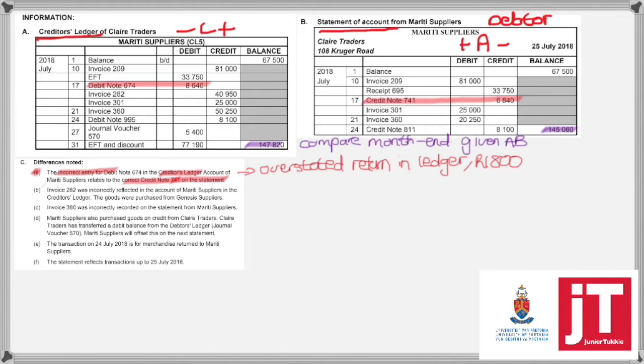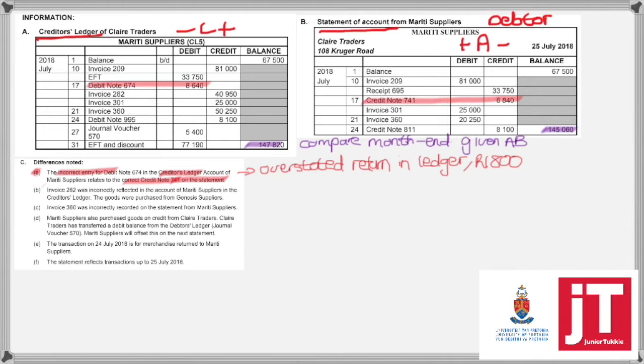In our ledger, we've indicated that we've returned items to the value of 8,640. But according to the statement, it was 6,840. And they specifically said the incorrect entry for debit note, which means that in our books, in our ledger account, we have overstated the amount with 1,800.